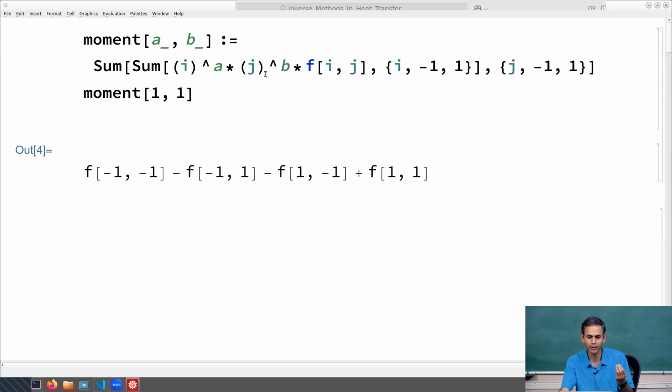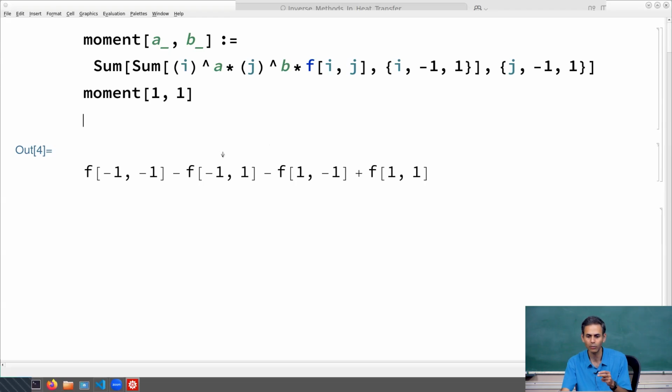If one of them is minus, then that minus will come into play here. So you see that this is f of -1 -1 plus f of 1 1, and the other two values, f of 1 -1 and f of -1 1, have minus in front.